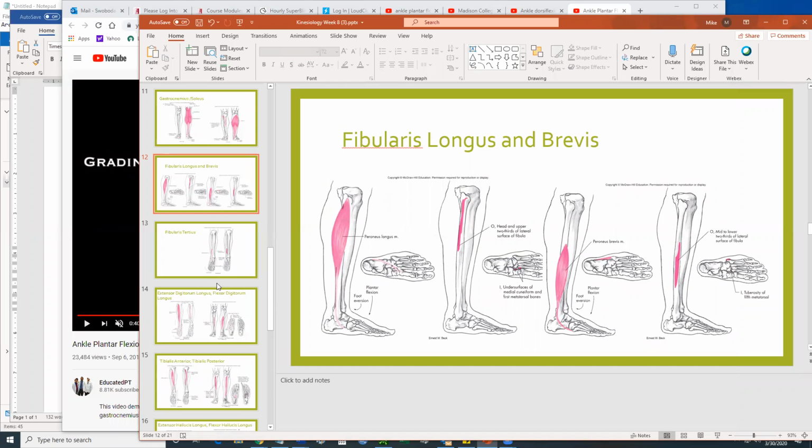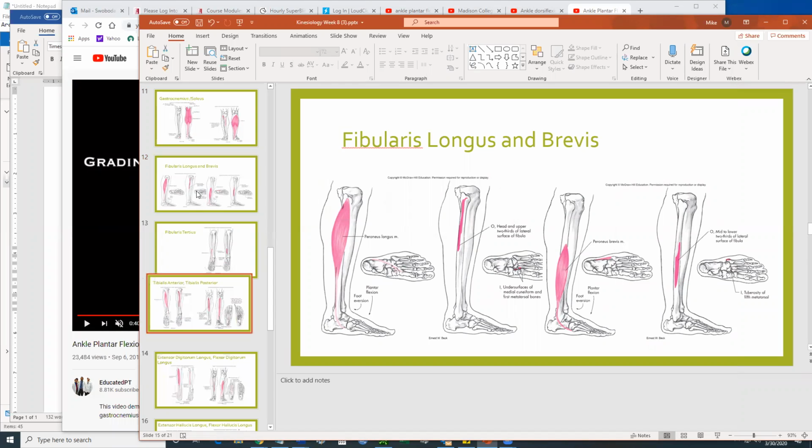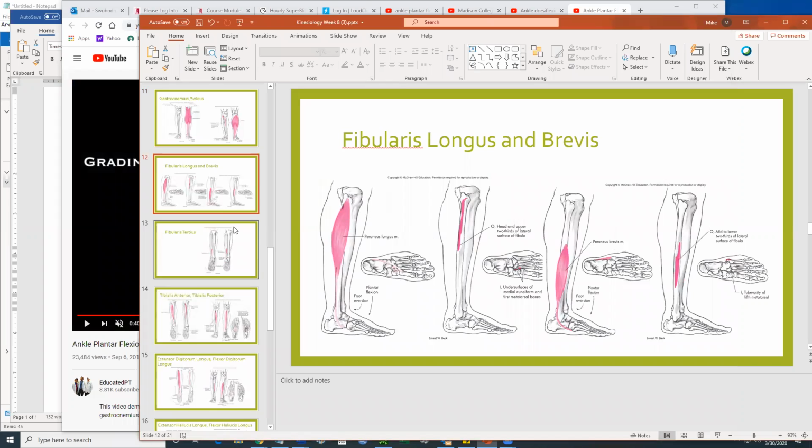Now, moving on here to some of your named muscles, and by named, I mean named after the bones that they go with. Anything that says fibularis, and you may see the term peroneus also used, peroneus and fibularis are the same thing.